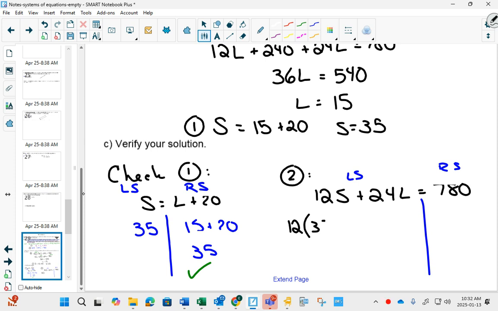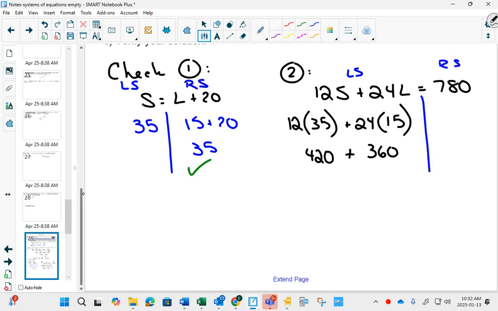So S is 35, and L was supposed to be 15. 12 times 35 is 420. 24 times 15 is 360. And that is verifying our answer.